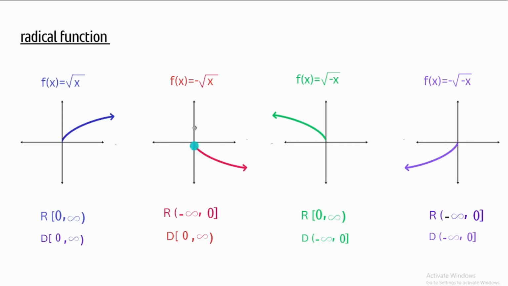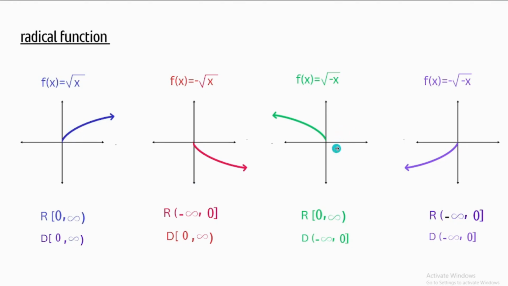But when we talk about the y-axis, we talk about range, so we will start from -infinite and 0 will be the maximum value, because we are getting the negative y-axis.